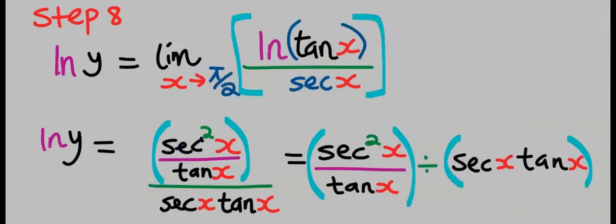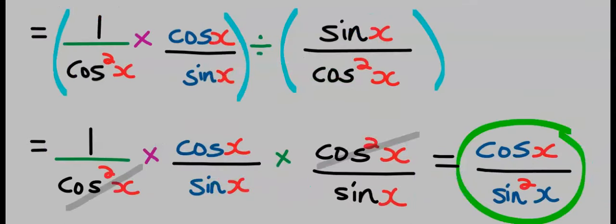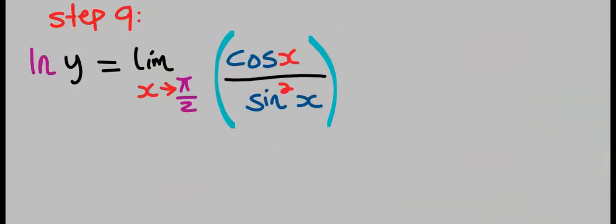Now that we have simplified step 8, next in step 9 we are going to take the limit of this function, that is the simplified function. Hence, we are going to take the limit of this function, that is, wherever we see x, we are going to input pi over 2.